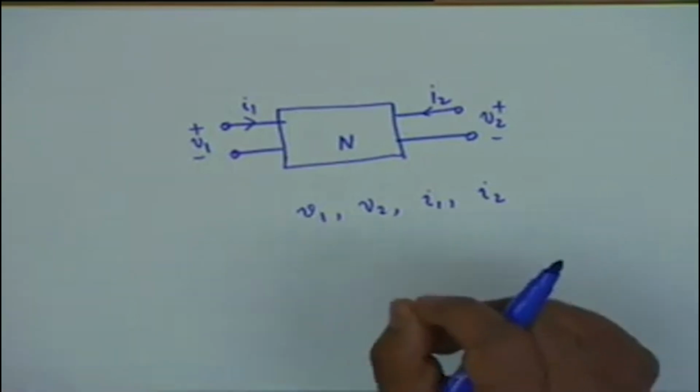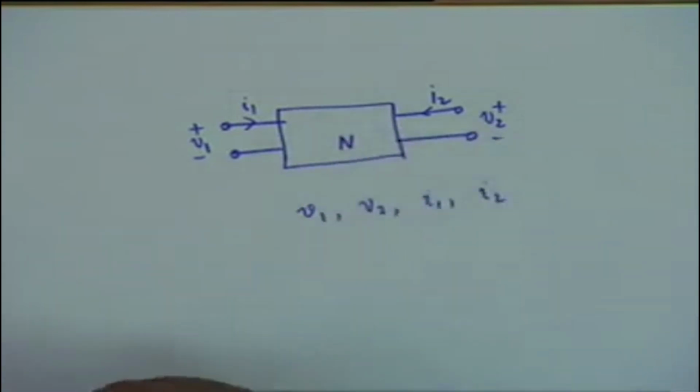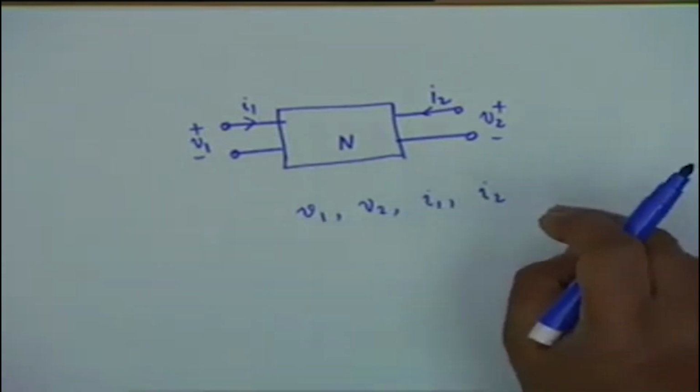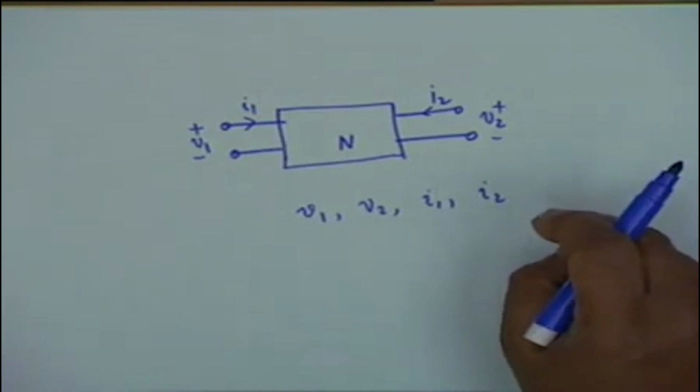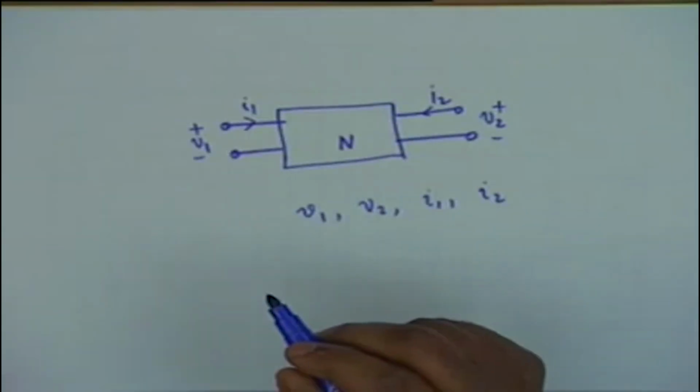The other two then shall be determined from the characteristics of the network N. Is this clear? There are 4 variables, of which 2 can be independently specified. The other 2 will be determined by the characteristics of the network.